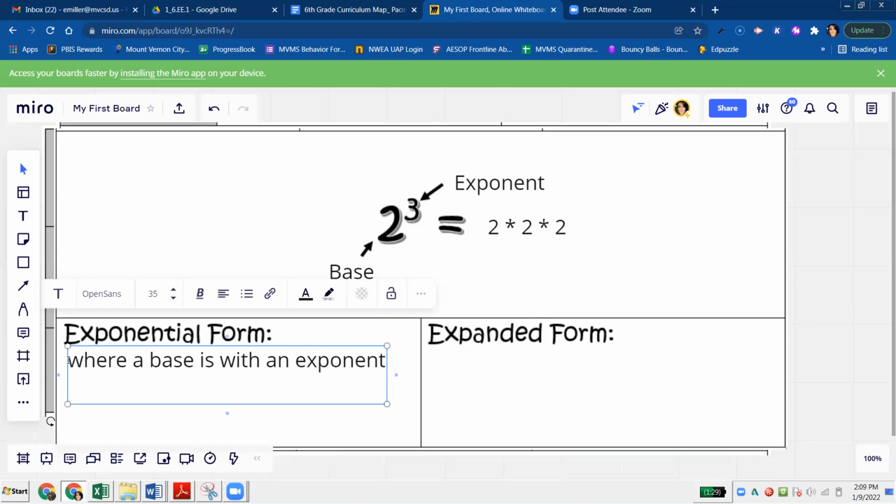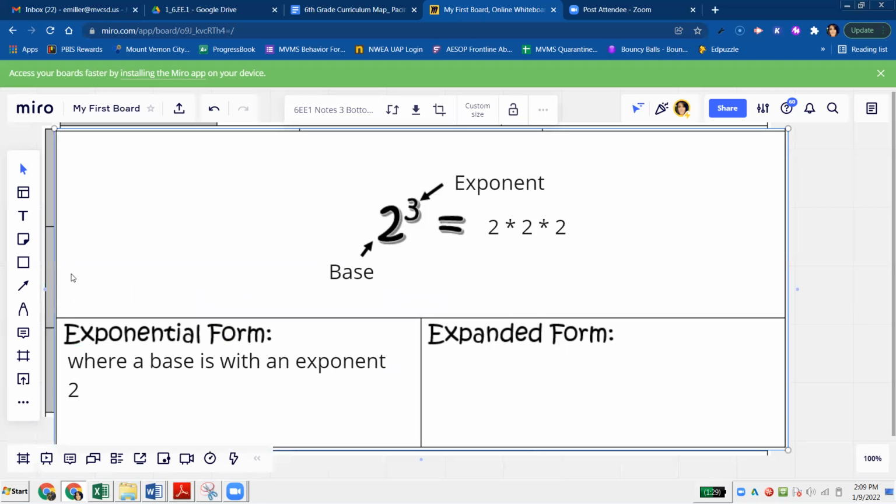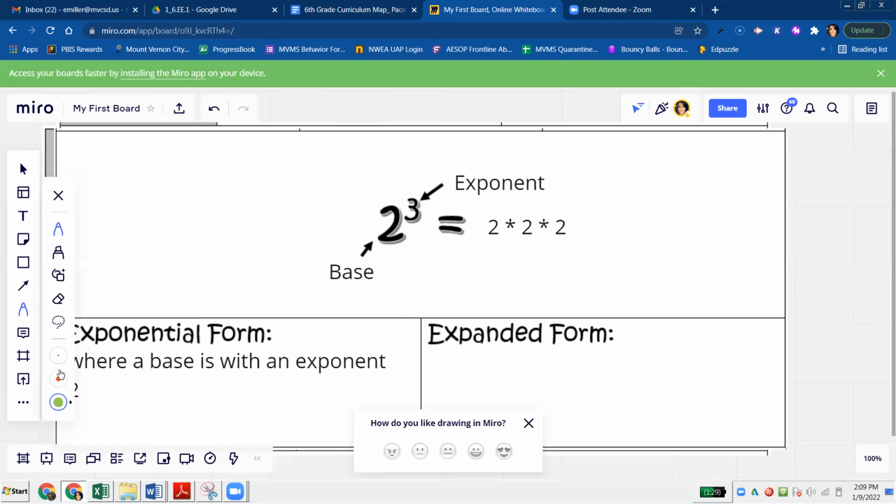In this case, it is 2 to the, I'm going to try to do a small 3 in the air. That didn't work great, but it's there. That's supposed to be a little 3. So write a large 2 with a little 3 floating in the air, just like this looks right here. So this is the exponential form, which is 2 to the 3rd power.